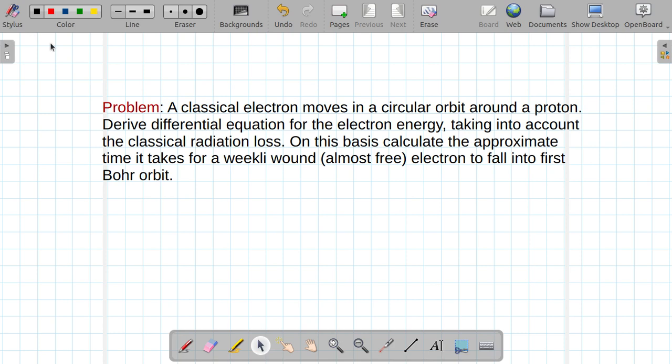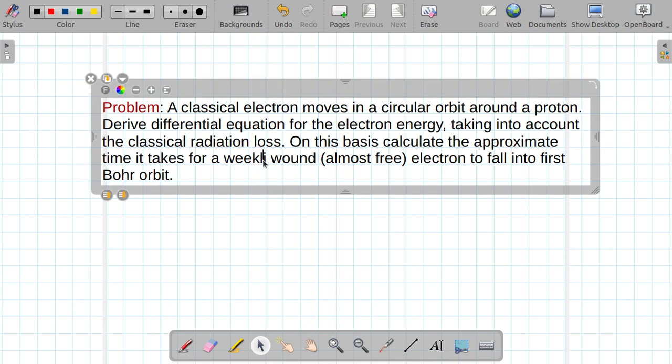and on the basis of that we have to calculate that when it is radiating energy continuously, that means it is coming closer towards the proton because it is revolving around the proton, and a stage will be reached, it falls into the first Bohr orbit and finally into the nucleus or proton, or collapses into the proton.